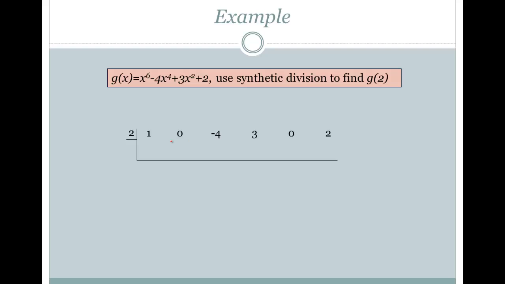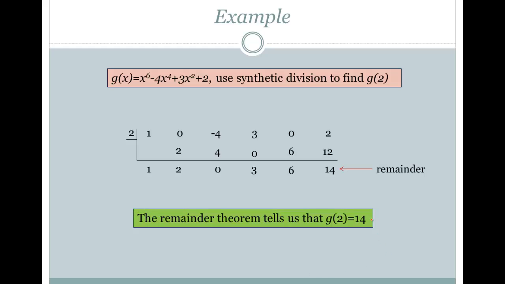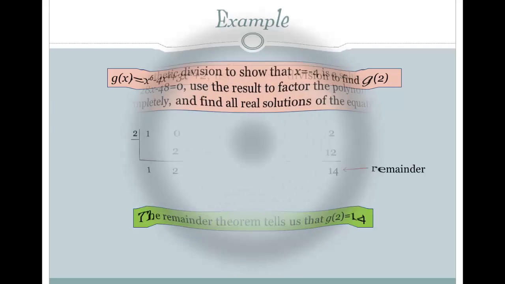I want to find g of 2, so I put my 2 out here and just do synthetic division. 2 down, multiply, then I add, then I multiply again, 0, multiply, 3, multiply, add, 14. So my remainder is 14, and what the remainder theorem tells me is that g of 2 is going to be equal to 14. Okay? Hopefully that makes some sense.